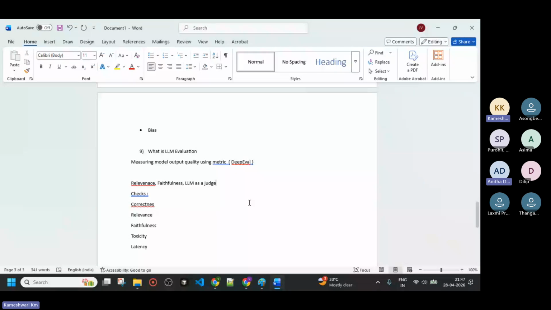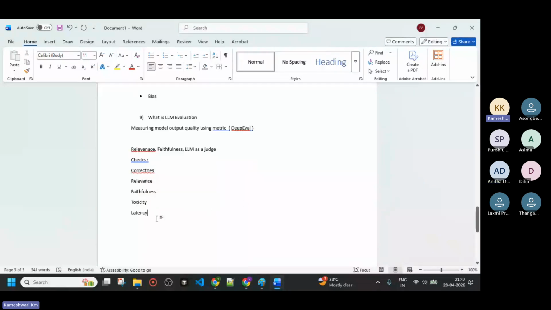Okay. Normally, what metrics will be used? Let me tell you the normal metrics to check quality, like checking for hallucination.